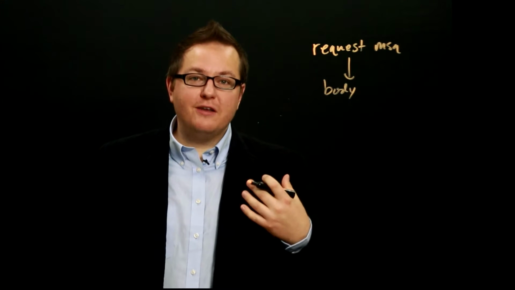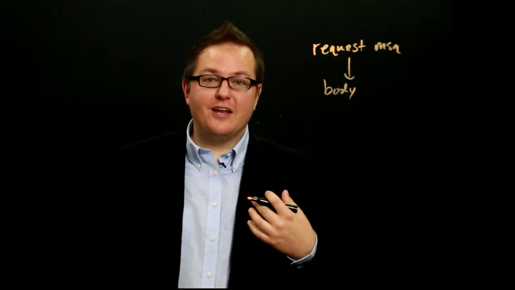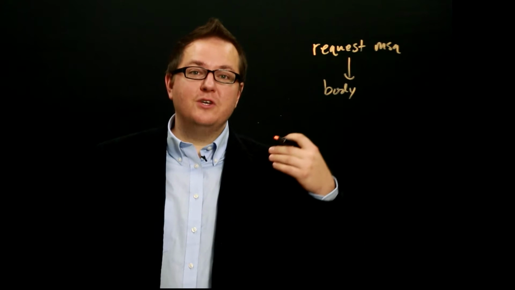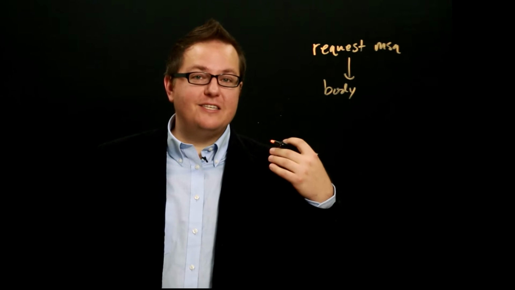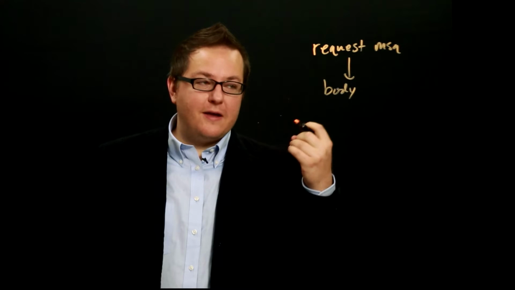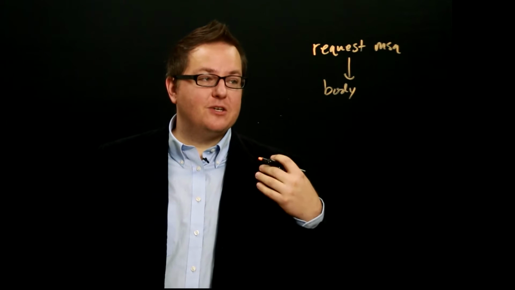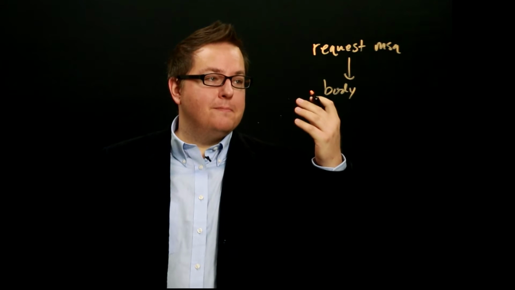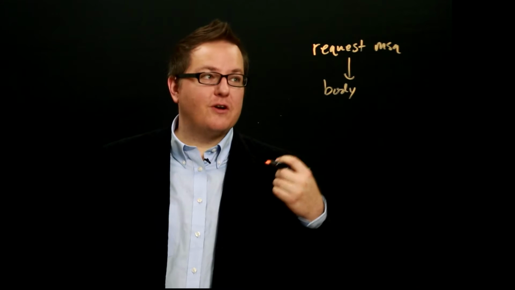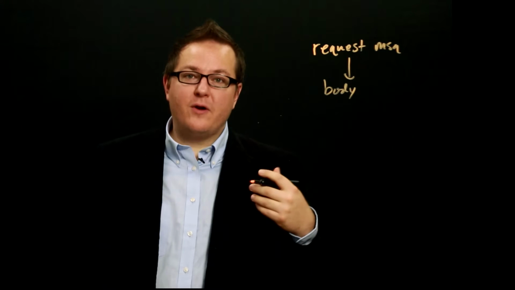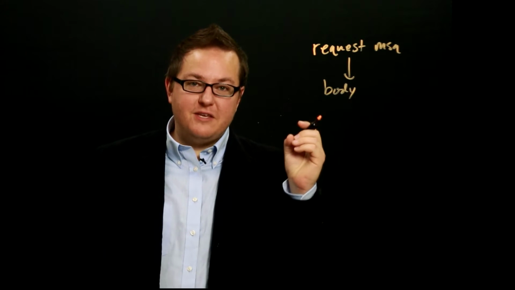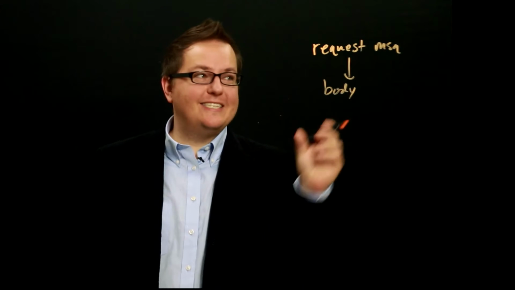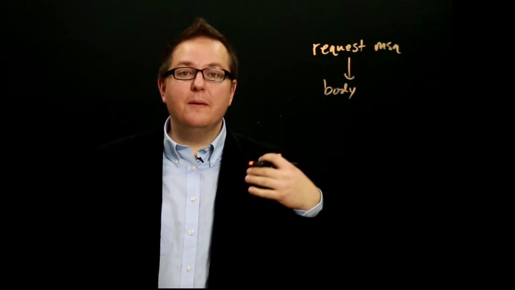If you've ever filled out a form on the internet, you've probably used one of these body types, and that's the URL encoded form body type. URL encoded is a body MIME type that tells the server that, just like we did in the query parameters, we're going to have a set of key value pairs that are encoded exactly the same way as we would put them into the URL.